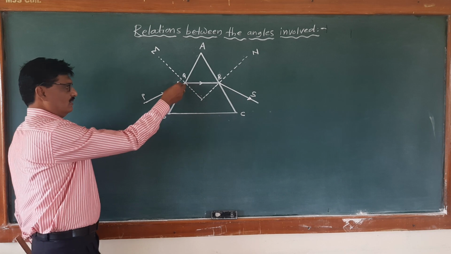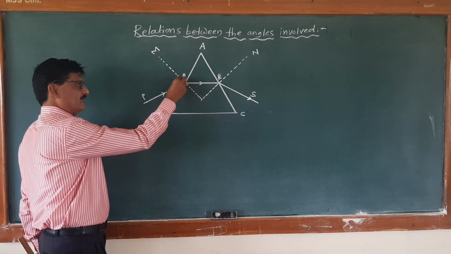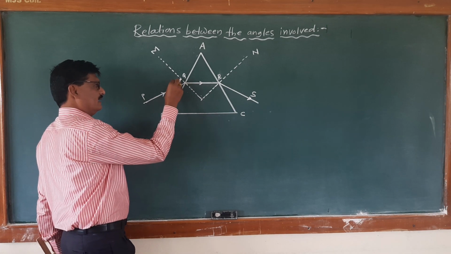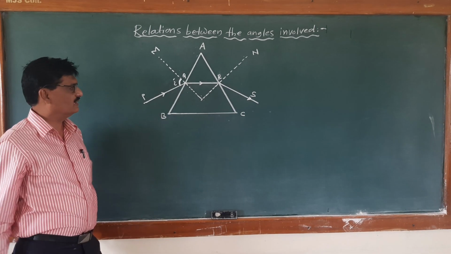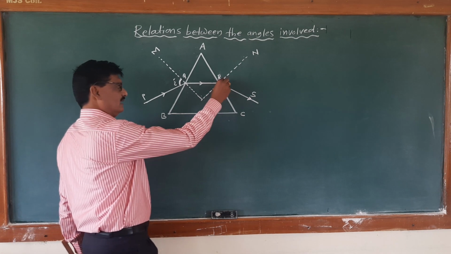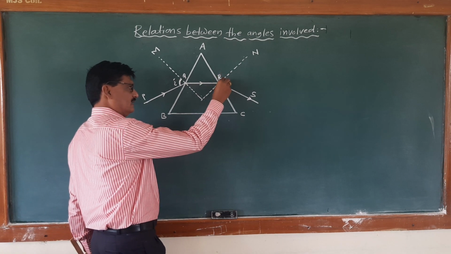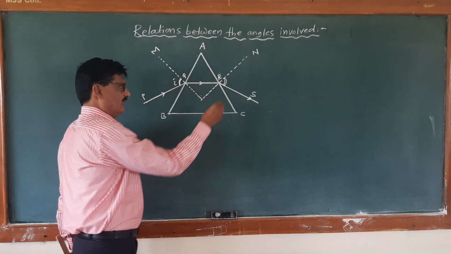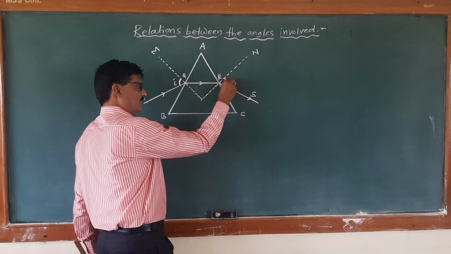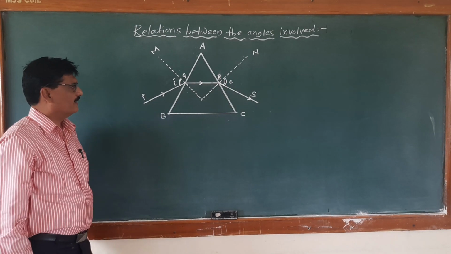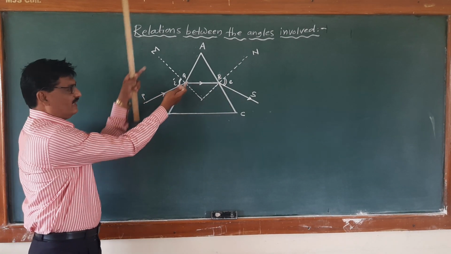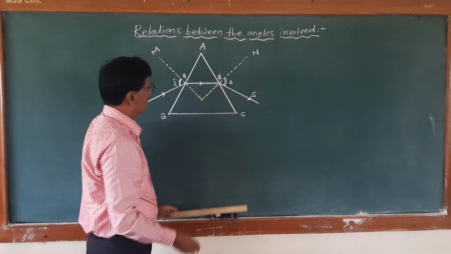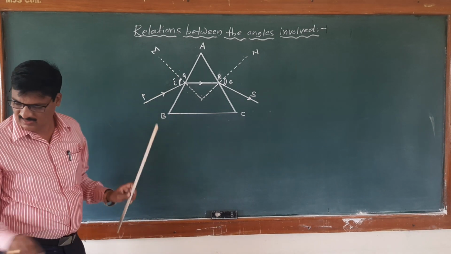The angle formed between this normal and the incident ray is called the angle of incidence. Then another angle is between the emergent ray and normal, and that angle is called the angle of emergence.